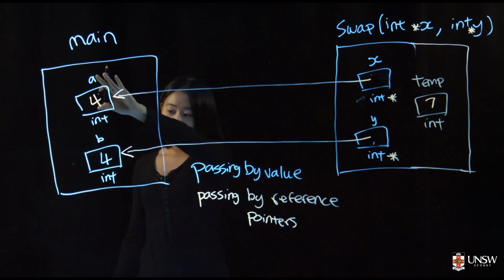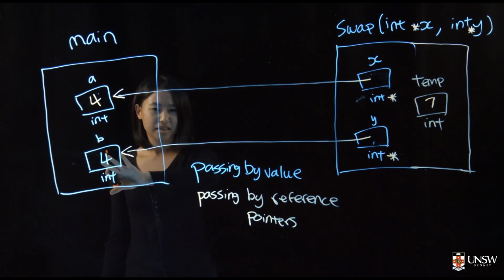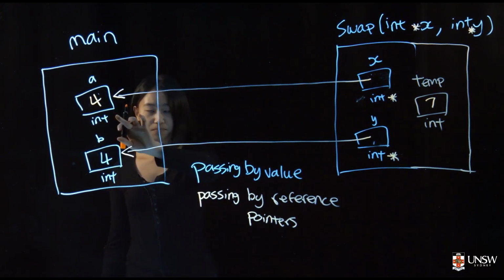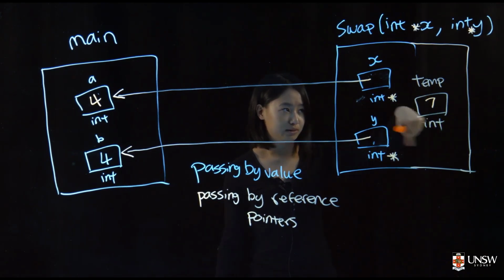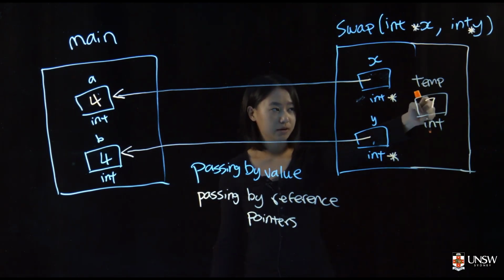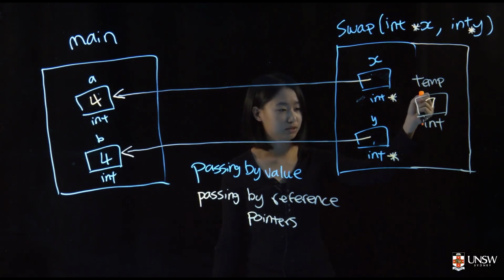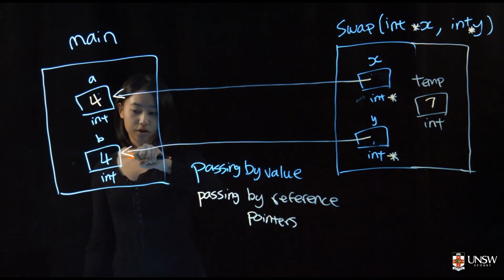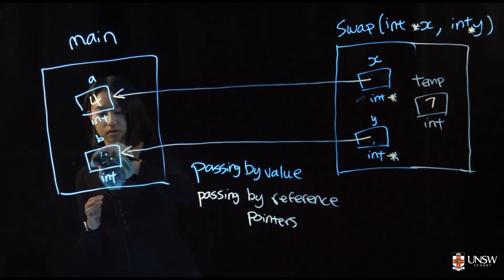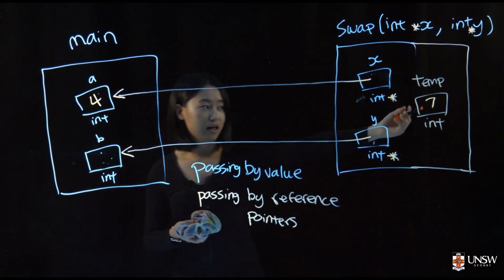So now a has a value of b, but we want b to have the old value of a. And luckily, we've stored that old value in this variable temp. So we grab a copy of the value stored in temp, which is 7. We go to our y, go to where it's pointing to, and replace the value there with the value in temp.